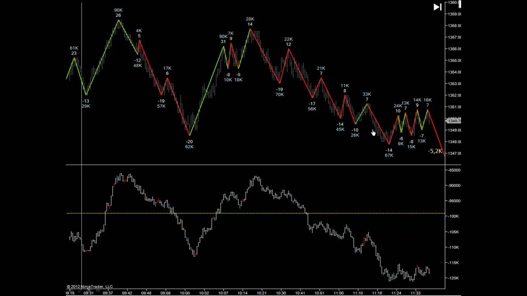Now, as we get to 1347.50 here, we start up this move to 1351. Looking at the chart, that looks like the market bottoming out. It does look like a reversal, but if you look down at the delta, is the delta shifting up considerably there?